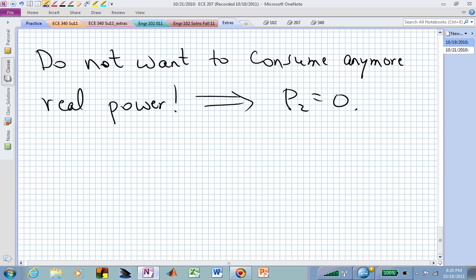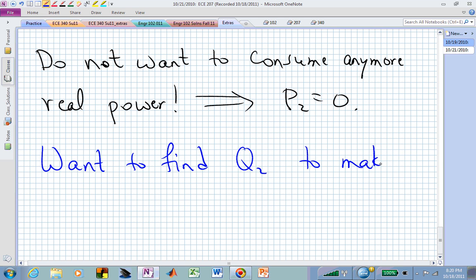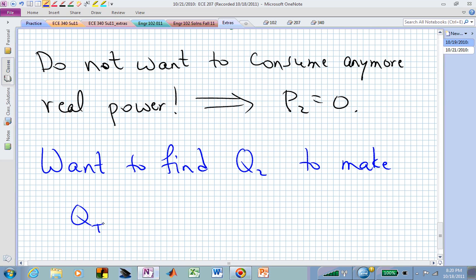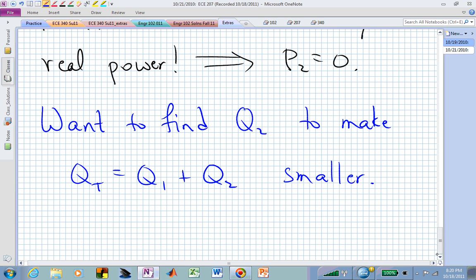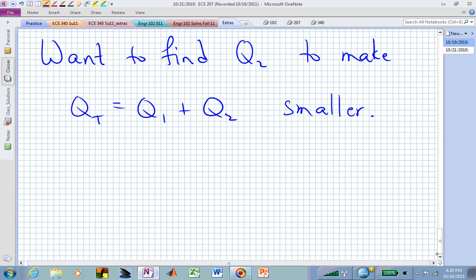What we want to do is we want to now find S2, but since P2 is 0, we're really wanting to find Q sub 2, and we want to find that in order to make Q sub T, which is the sum of Q sub 1 and Q sub 2, smaller than what we started with, which was Q sub 1.